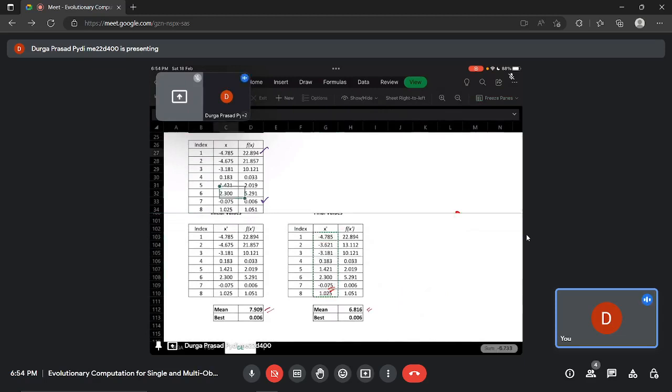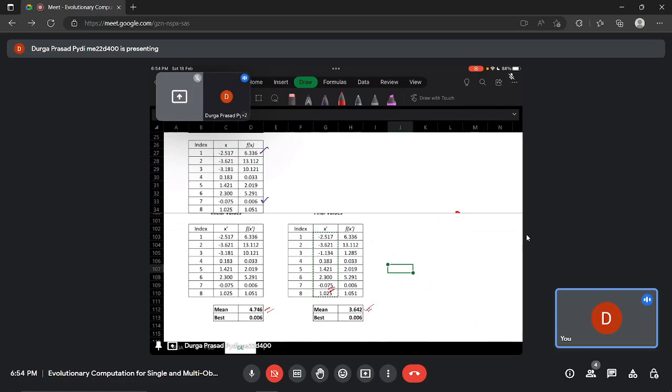I just take these values and rerun it again. You can see this reduced to 4.746, and then from 4.746 it reduced to 3.642. You can repeat this till convergence. Convergence is essentially when you are within the tolerance, whether your mean or best value is not changing within the given tolerance.